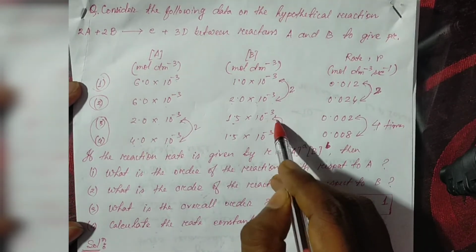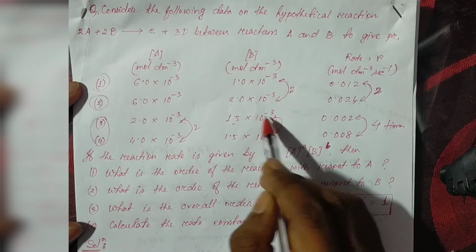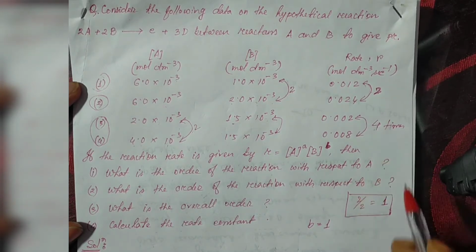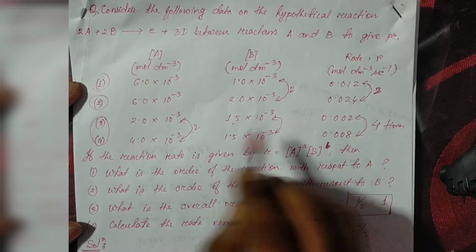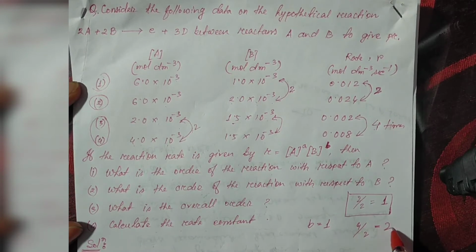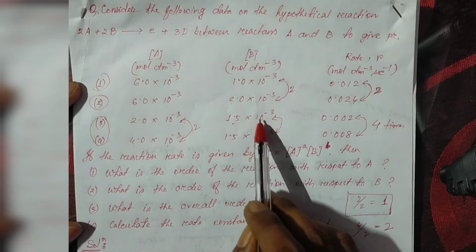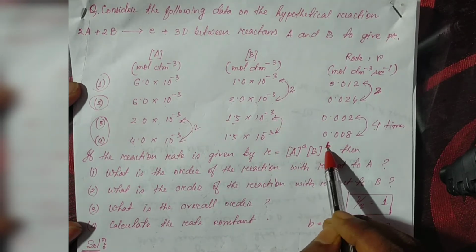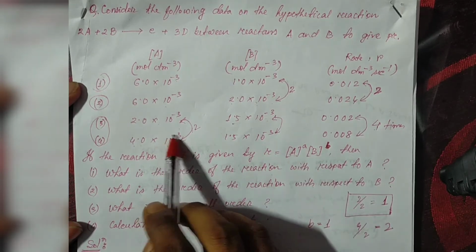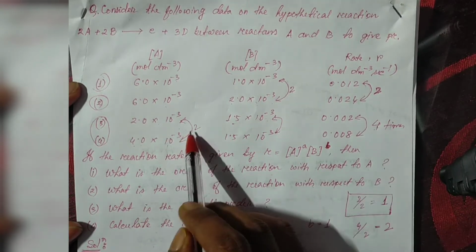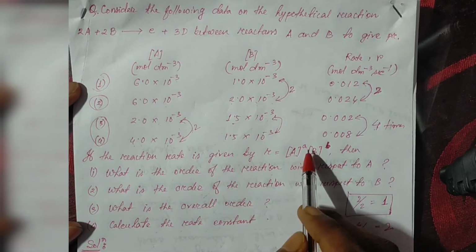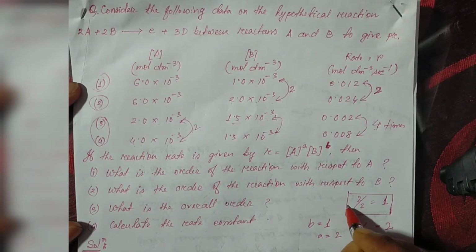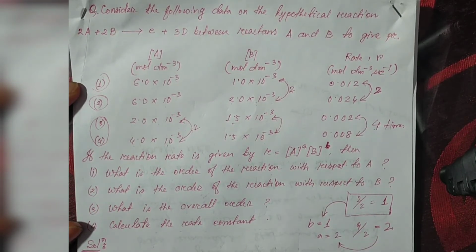As B is constant, no need to think about it, just think about A. 4 divided by 2 is 2, so a will be equal to 2.